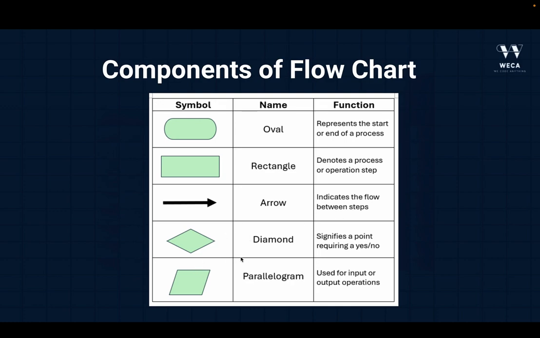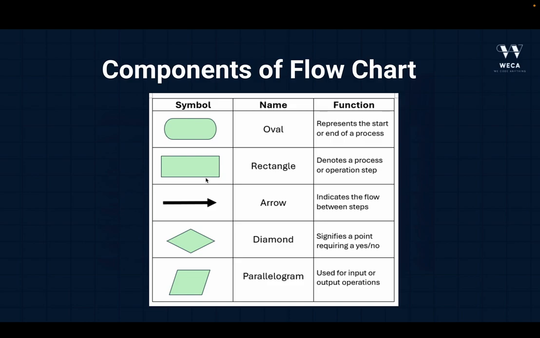The diamond signifies a decision making, yes or no. Then the parallelogram is used for inputs and outputs. Remember, I said an algorithm must have an input and output. Also, the algorithm must have a start and a finiteness. The finiteness is the oval, and then the flow, the process, accuracy and precision talk about the operations of your algorithm.